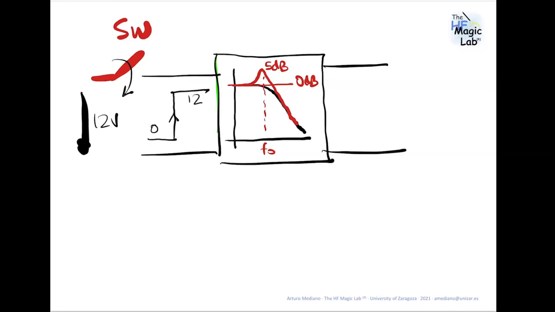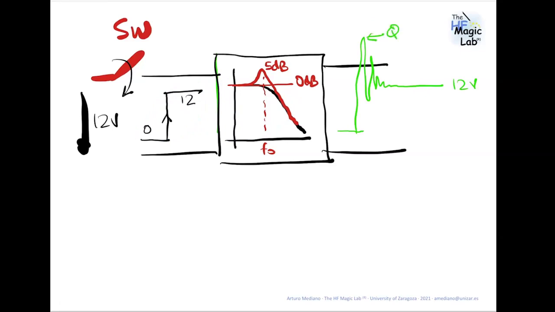If you pass this step function through this underdamped response, the output will go to this behavior, okay? Something like this. So this is 12 volts, but this can be related with Q times the input voltage. So if you have a Q of 10, that means you can have 10 times the input voltage.